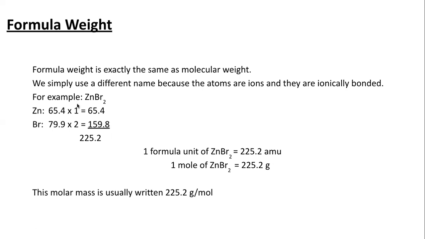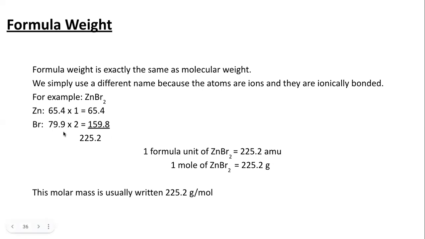So let's take zinc bromide. For this formula here, we have 1 zinc and 2 bromine atoms. So if we look on the periodic table, we see that the atomic mass of zinc is 65.4 times 1. So we have 65.4. And then for bromine, we have 2.